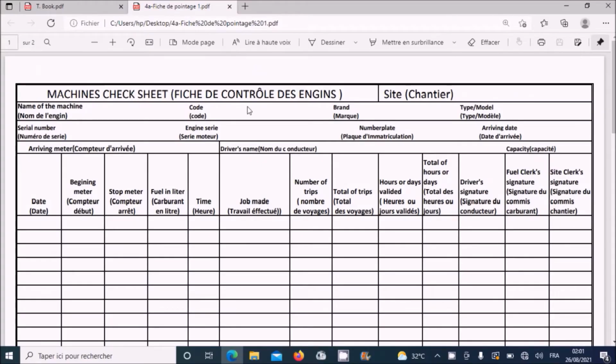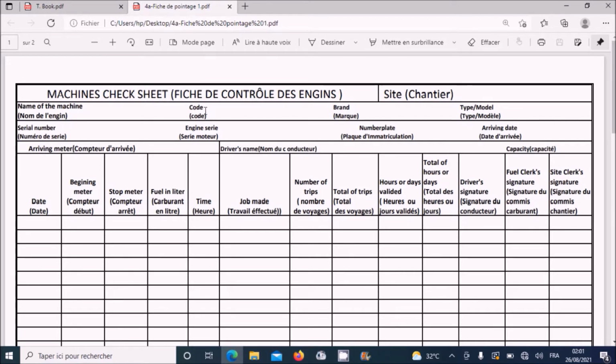Let us follow this practical exercise. We have here the machines check sheet. It's also called the tally sheet. We have the site here, the name of the machine, the pack code.